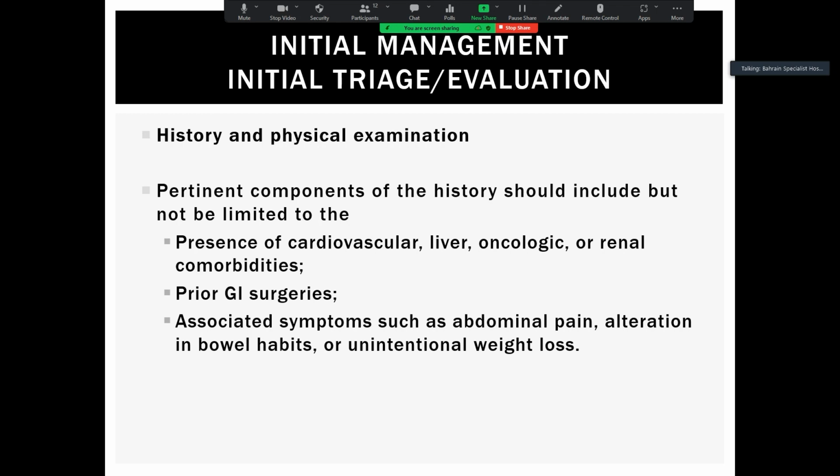Whenever a patient presents with lower GI bleed, the important questions to ask are about comorbid diseases like cardiovascular, liver, oncology, or renal comorbidities, any history of previous GI surgeries, and the symptoms which led to the presentation in the emergency. For example, a patient with abdominal pain, alteration in bowel habit, and unintentional weight loss may have colorectal cancer rather than a hemorrhoidal bleed.